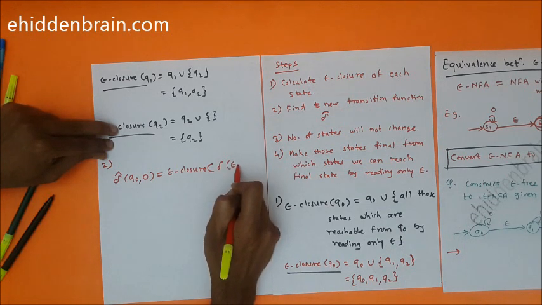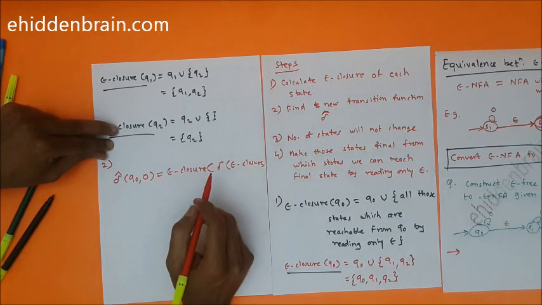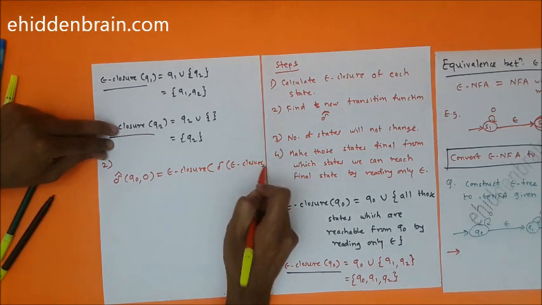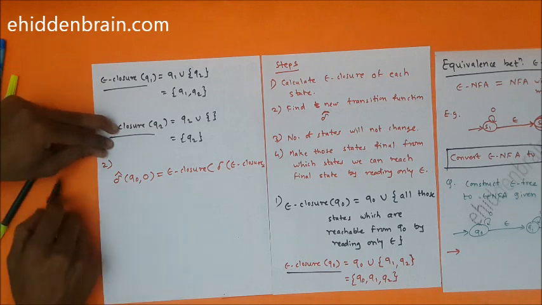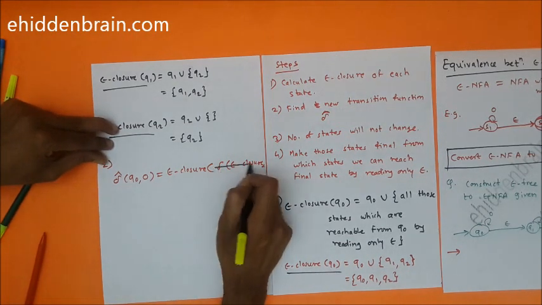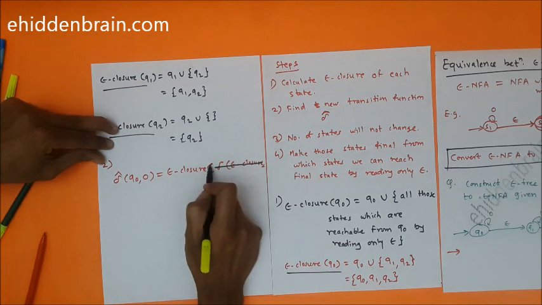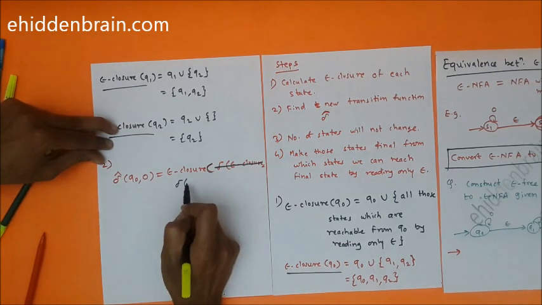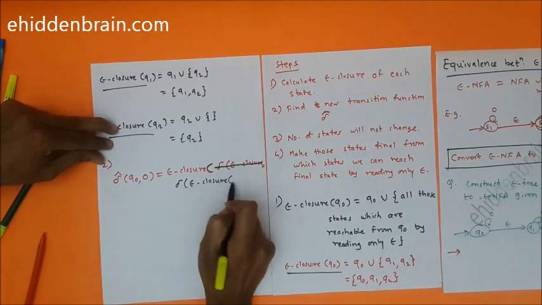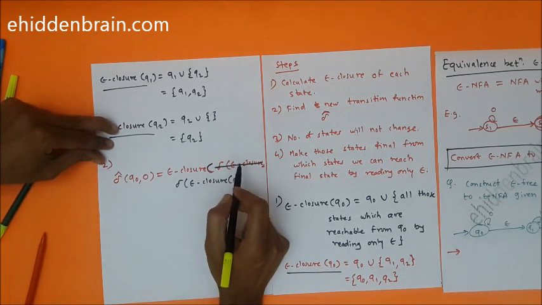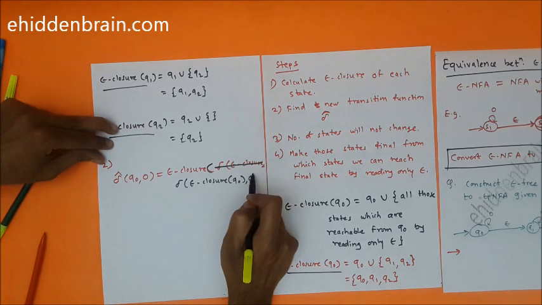So what I will do is write epsilon closure, and you have to take the epsilon closure of something. For your better understanding, I will write this part here. That will be delta of the epsilon closure of Q0 itself with 0.